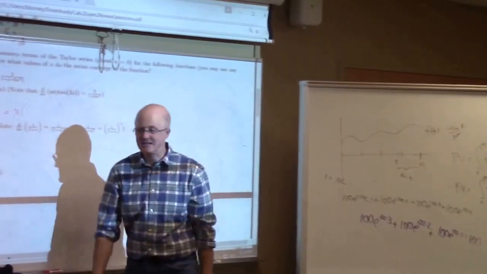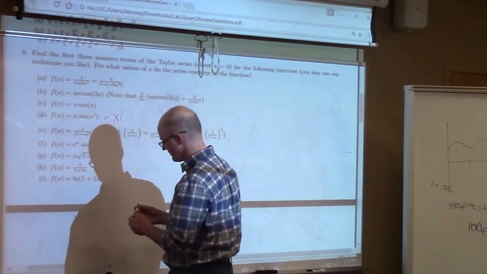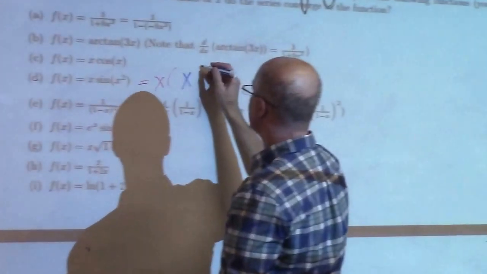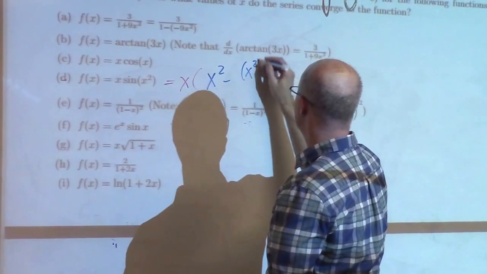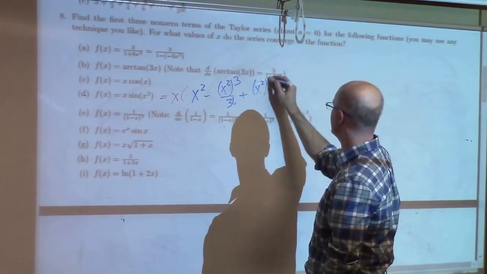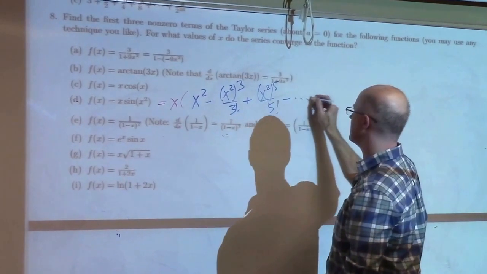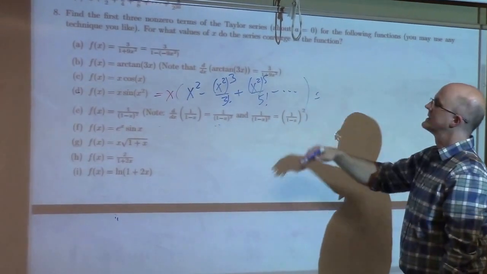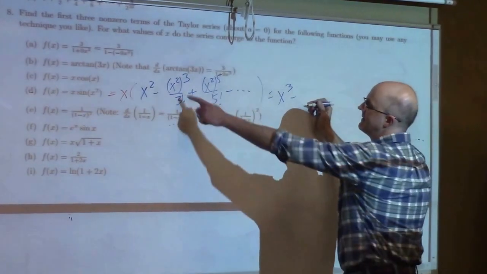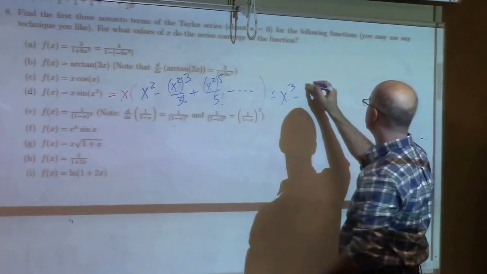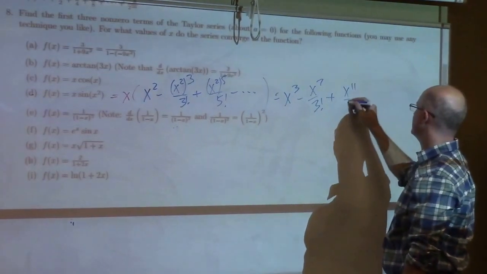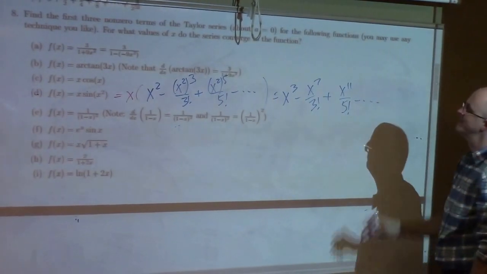Replace all those x's with x squared, you'll get x squared minus x squared cubed over 3 factorial plus x squared to the 5th over 5 factorial, etc. Simplify and multiply the x through, you're going to get x cubed minus, that'll be an x to the 6th times x is x to the 7th over 3 factorial plus x to the 11th over 5 factorial, etc.